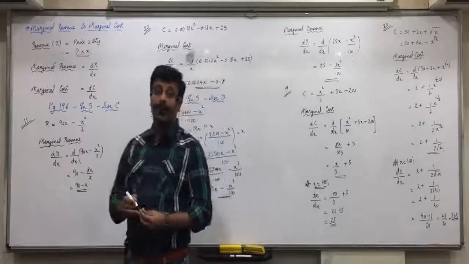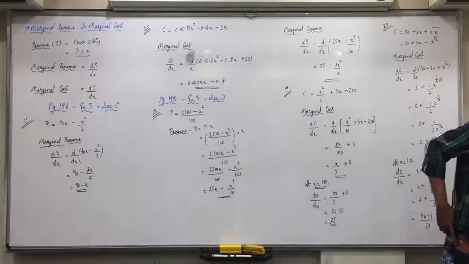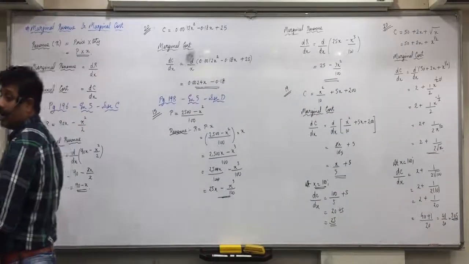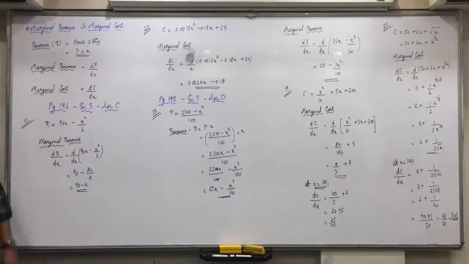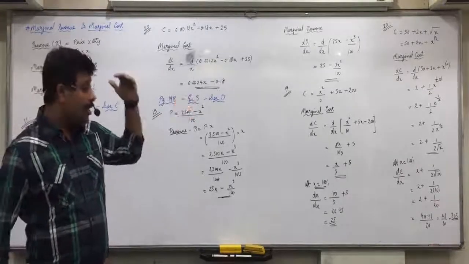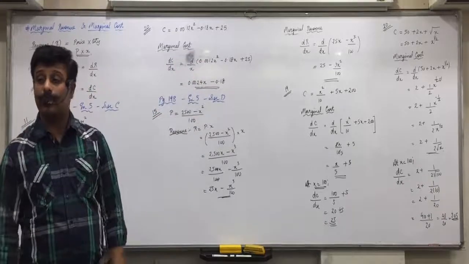What will you interpret? Raise your hand. The cost of producing 101st unit. At x equals to 100 we have done. So after 100, 101st. The cost of producing 101st unit would be 2.05 rupees.